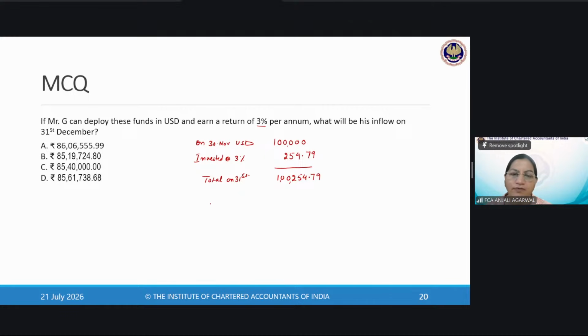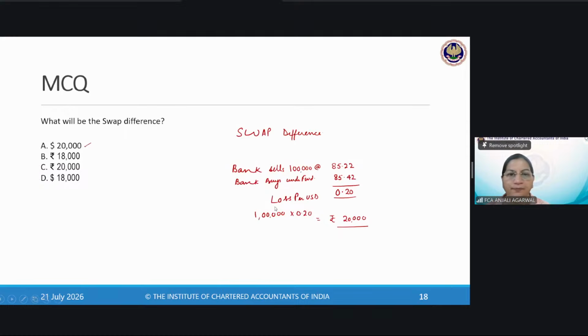He would have received the 100,000 by honoring the forward contract at 85.40. So he would have received 85 lakh 40,000 from that. And the interest amount of $254.79 would have been sold in the open market, at the spot rate.